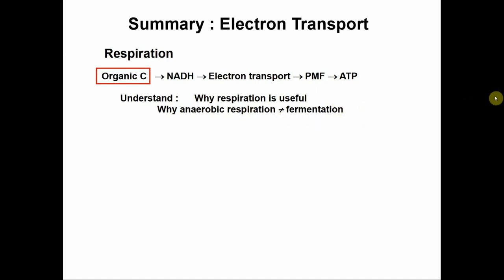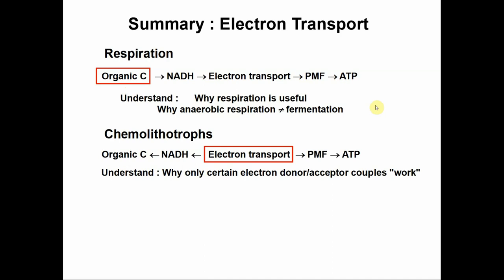Whereas in fermentation, there's no external electron acceptor. The electron acceptor is pyruvate, which is itself derived from the source of organic carbon, which is at the base of the bacterial metabolism.